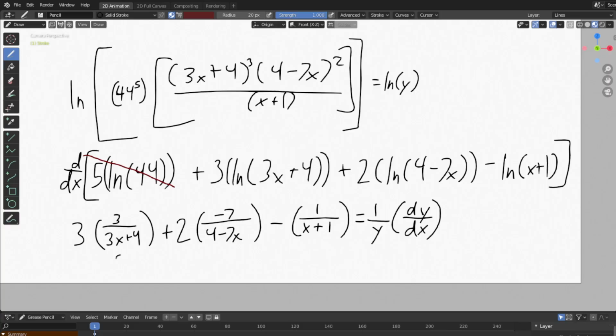So what our actual answer is, dy dx equals y times all of this stuff, which I already put. So 9 over 3x plus 4, minus 14 over 4 minus 7x, minus 1 over x plus 1. That's that derivative.